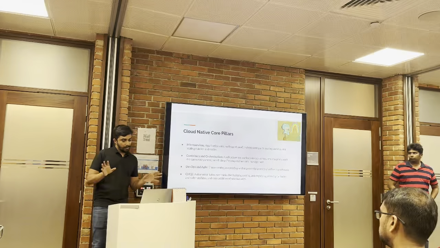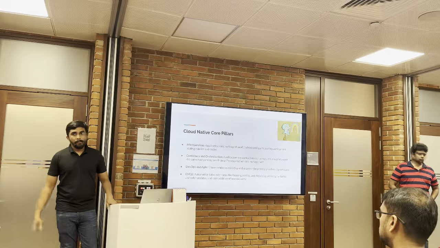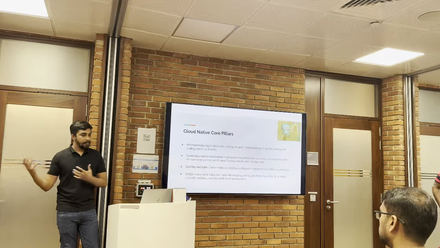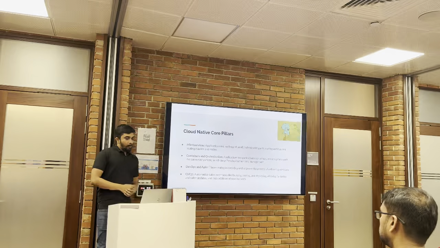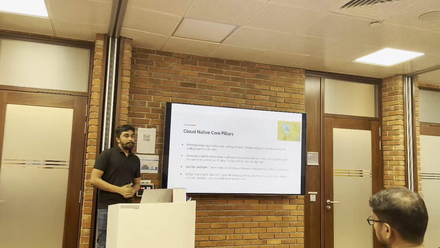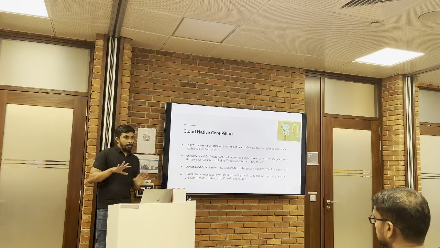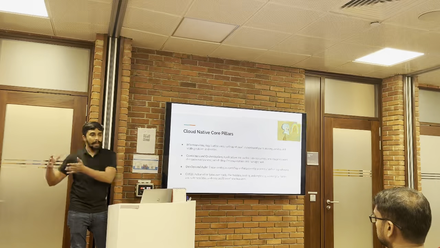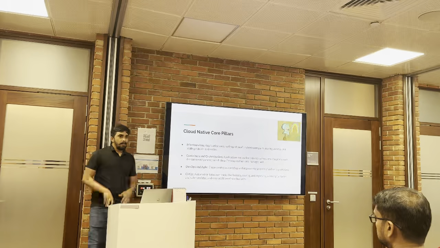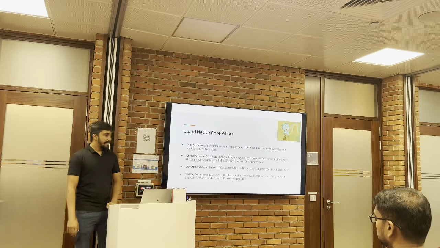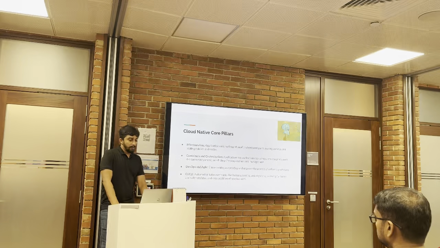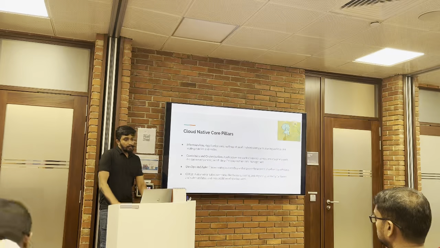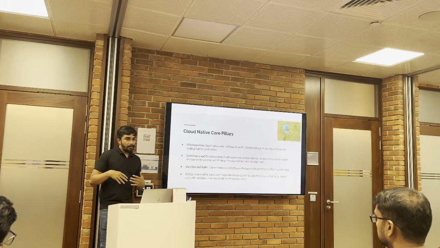DevOps is a shortened version of developer and operations. It's about developers and operational engineers coming together to build applications. In the old days, a developer would build an application and then hand it over to an operational engineer, and operational engineers faced a lot of issues because the dependencies and things like that were different in the deployed environment.